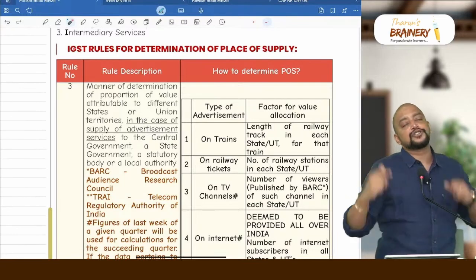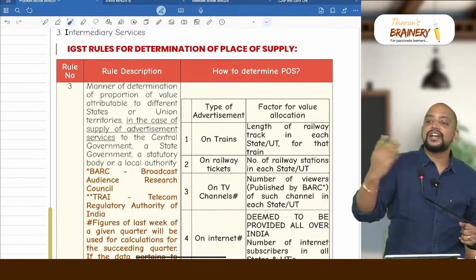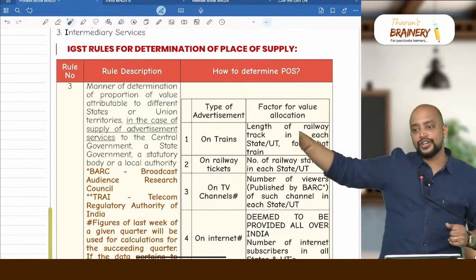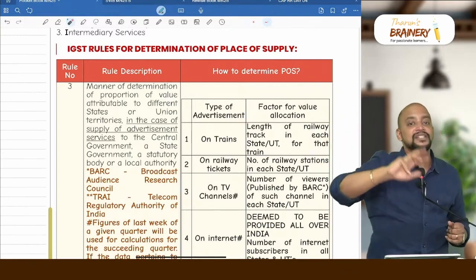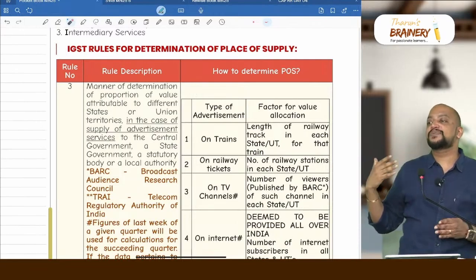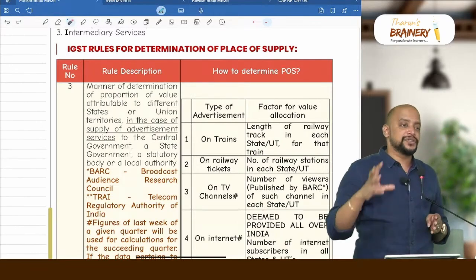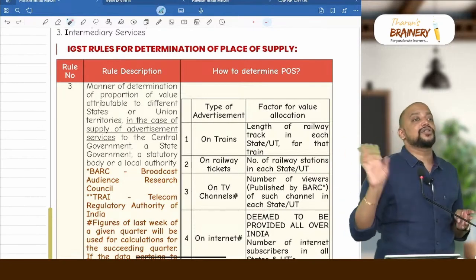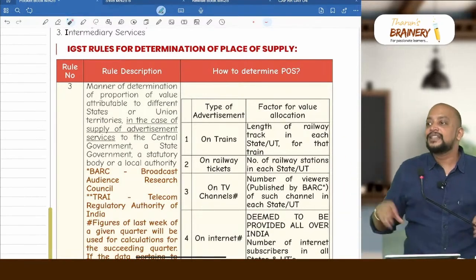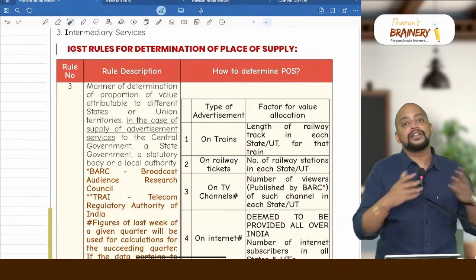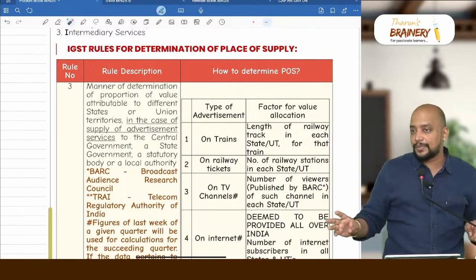And what if it pertains to more than one state? Then you divide it based on population census. First between the channels based on viewership, and if that channel is in more than one state, population census should be taken. Then suppose if it is advertisement on the internet, it is difficult to restrict. So due to that reason, if the contract has not given any clarity about the state, then it is deemed to be across the country and it will be apportioned between all the states based on internet subscribers data.